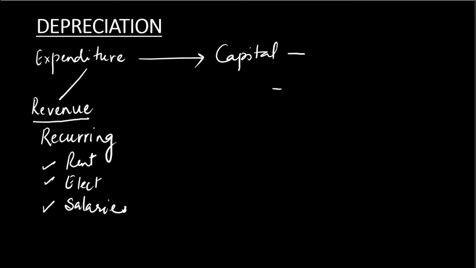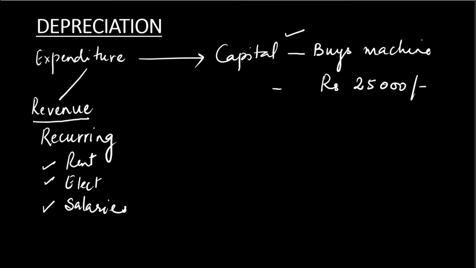Whereas capital expenditure does not recur. For example, if the firm buys a machine worth rupees 25,000, they are not going to buy a machine every month. So this is a capital expenditure. That means this expenditure has occurred, and the company is going to get the benefit of it during the course of the coming years.